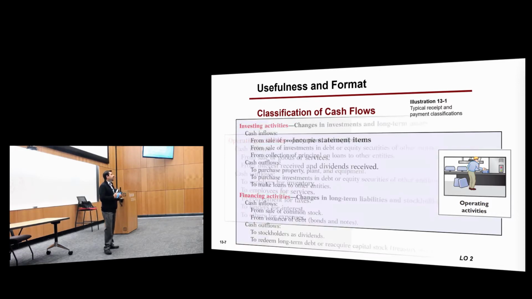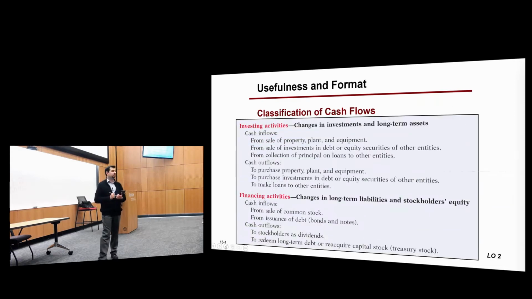When you look at investing activities, you look at the purchase. If you're talking about cash inflows, this is when the company is selling a building or equipment. So this is the sale of PP&E. On the other hand, buying PP&E will be considered a cash outflow.